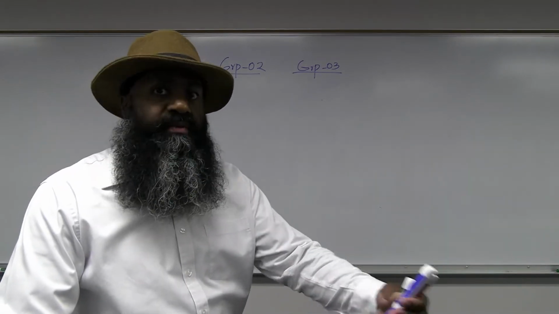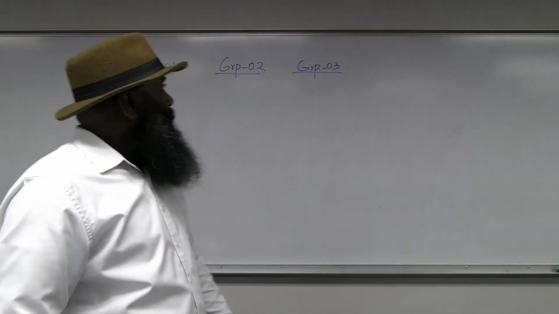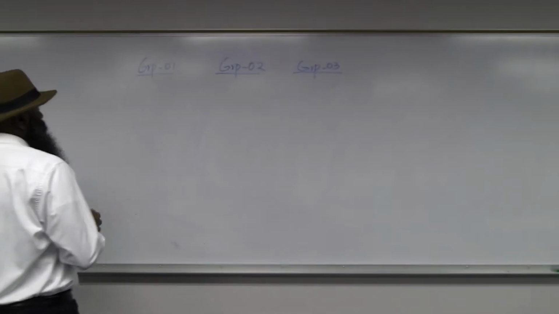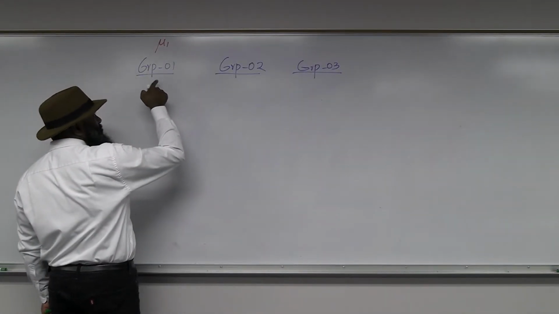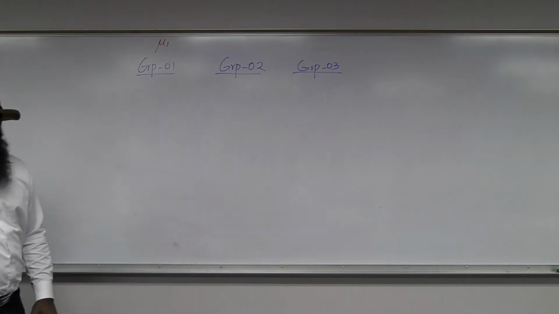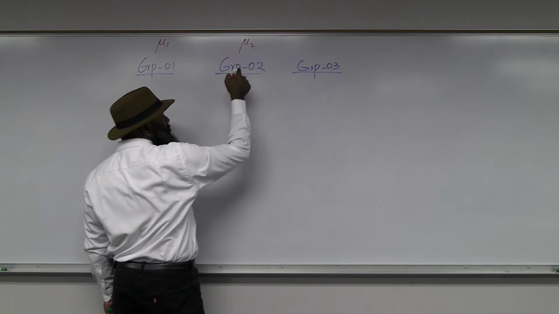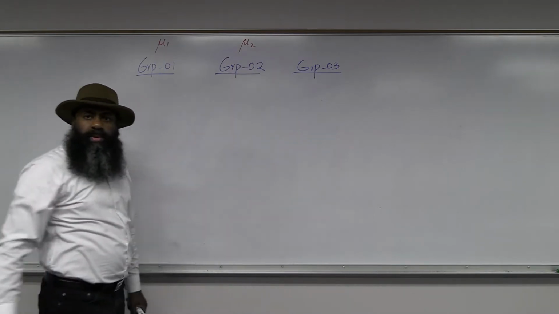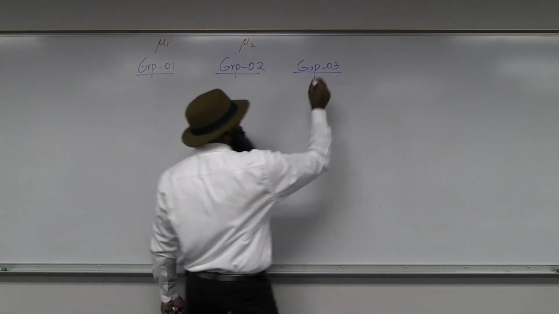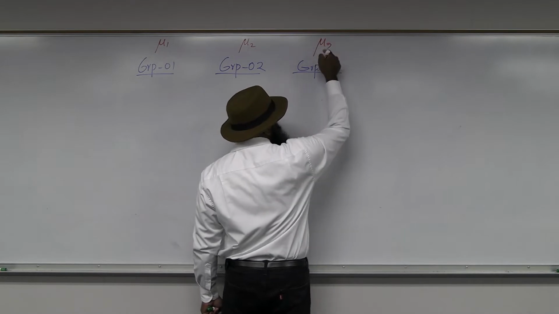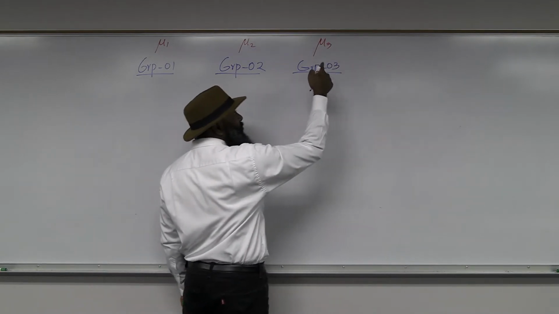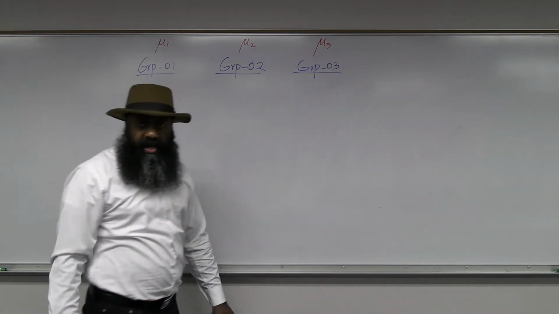the analysis of variance. So we will also let mu1 be the true mean that corresponds to the population of group 1. We will let mu2 be the true mean that corresponds to the population of group 2. And we will let mu3 be the true mean that corresponds to the population of group 3.